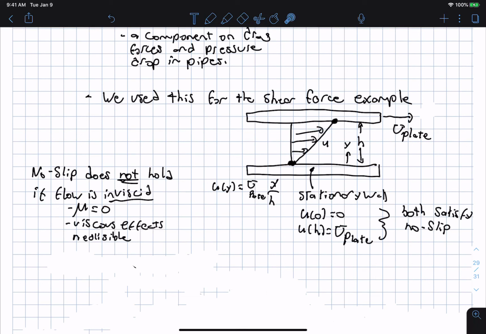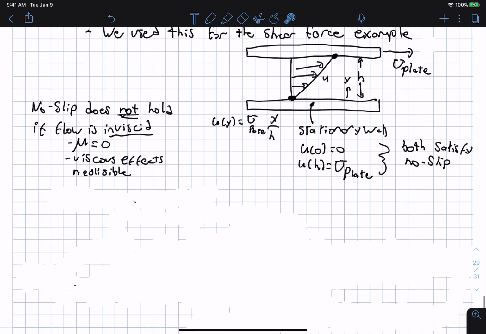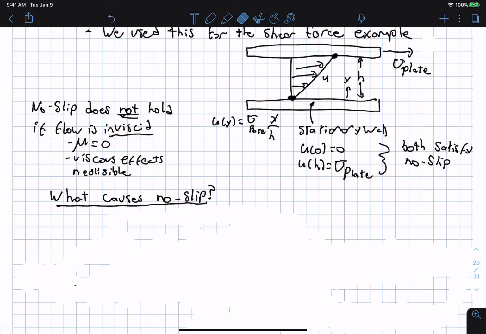And basically what that says is that the viscous effects are going to be negligible. And if you can neglect viscous effects, the flow is said to be inviscid, and no slip does not hold. Okay? And we will be dealing with inviscid flows later on in class because they're a lot easier to analyze.